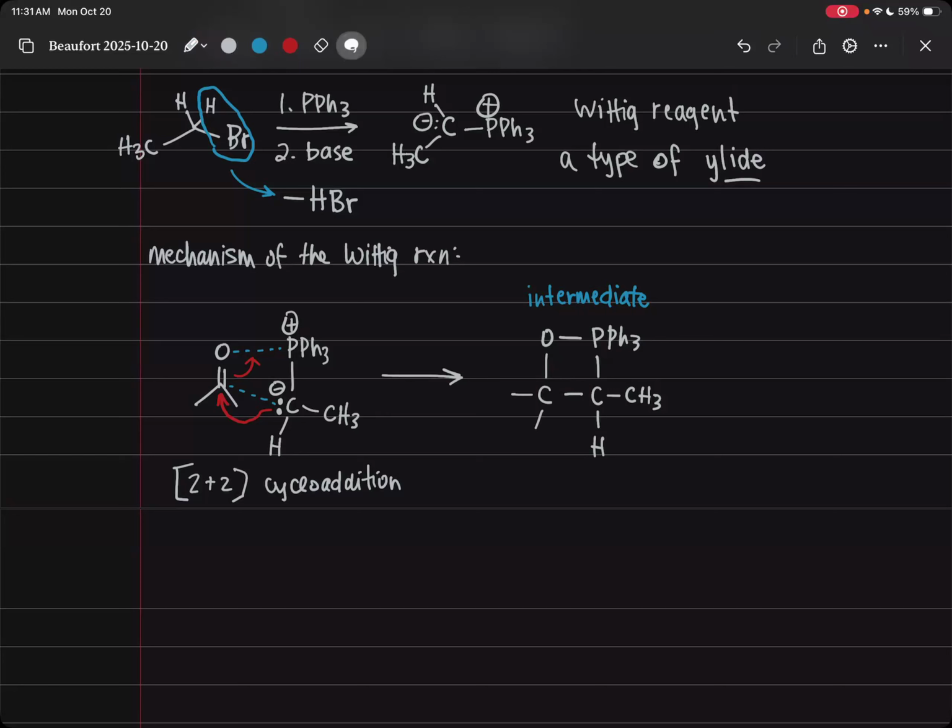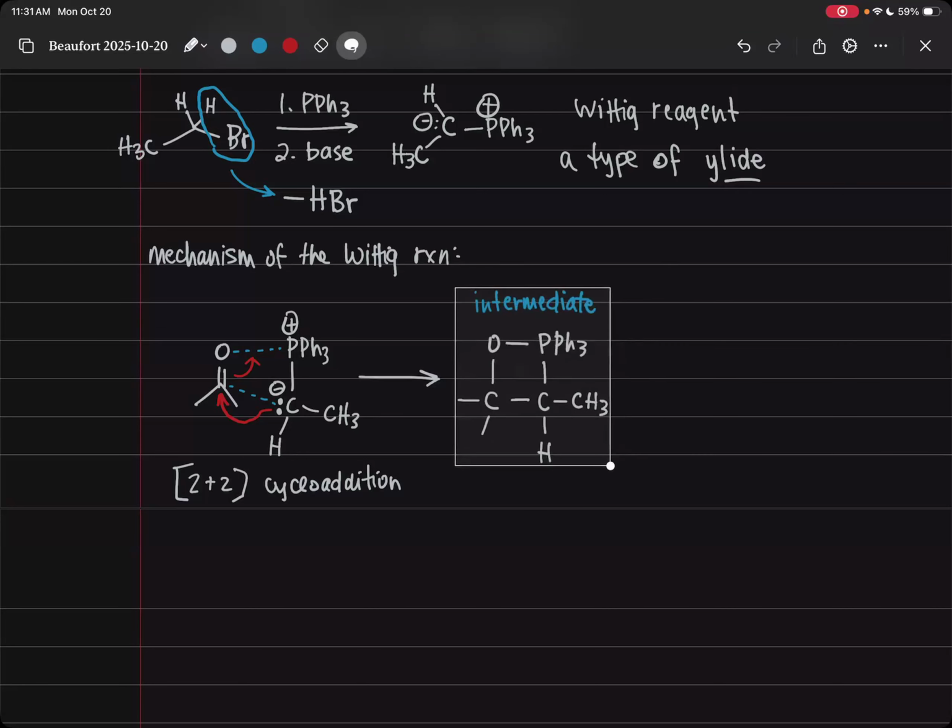Now, as you might imagine, this molecule is kind of unstable because we've got a four-membered ring, and four-membered rings generally aren't very favorable. They're high in energy because of ring strain.